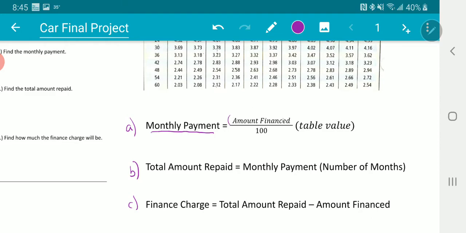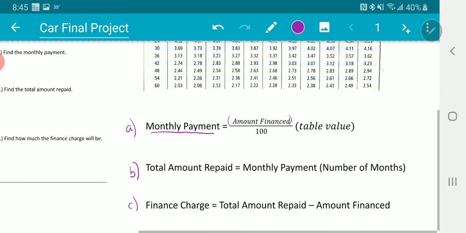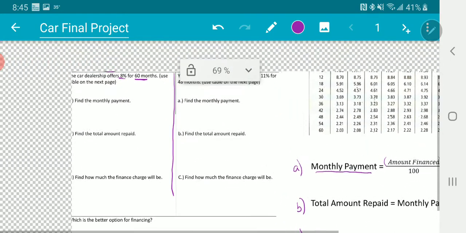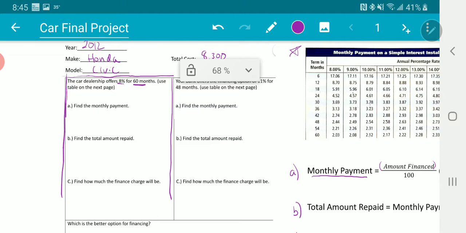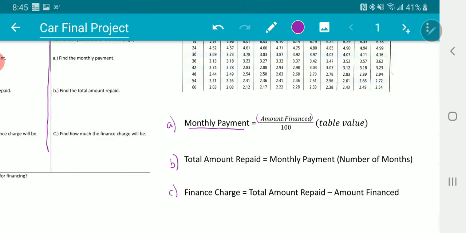The amount we're financing here is the amount that the car costs, okay? So for my example, my car costs $8,300, okay? So I would say 8,300 over 100 because I'm just following that equation, okay? So that's that 8,300 over 100 times my table value.